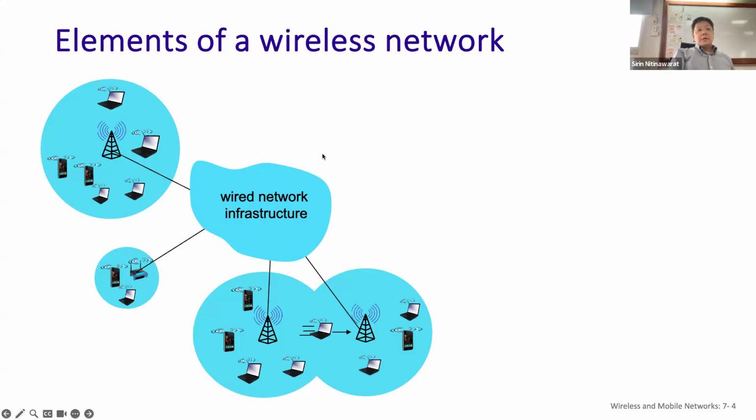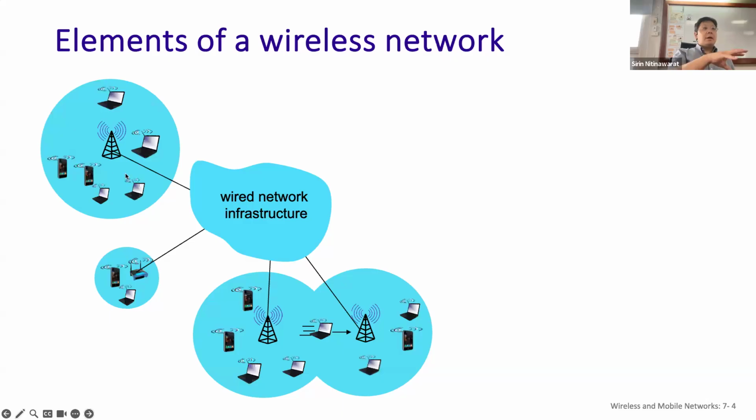So in this picture, how many regional networks do you see? Regional wireless networks, smaller networks. They are all connected through this core infrastructure.